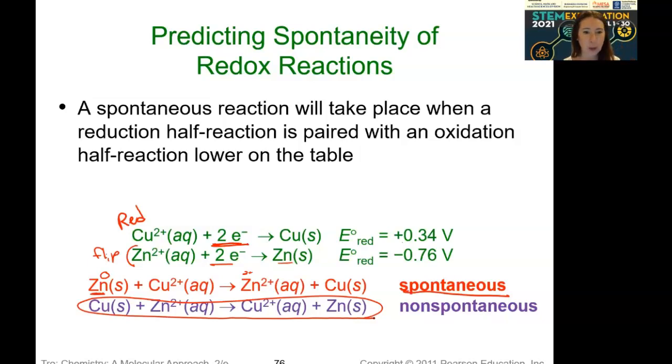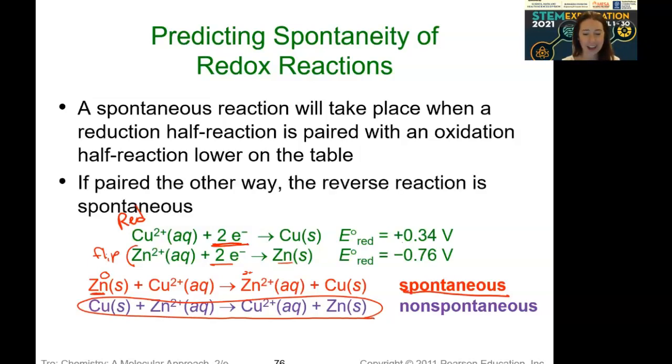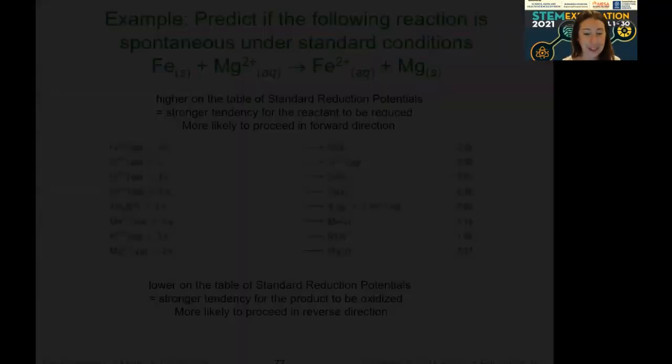So I'm going to give you a really quick, fast way to tell what happens with a reaction. A spontaneous reaction will take place when a reduction reaction is paired with an oxidation reaction lower on the table. And I'm going to show you what this means. If paired the other way, a reverse reaction occurs.